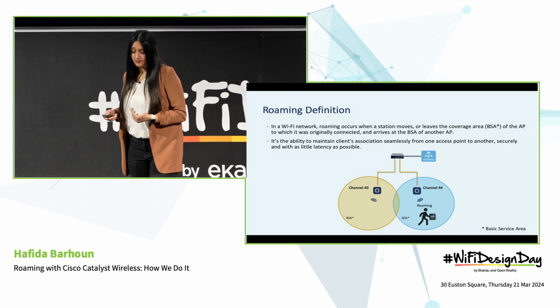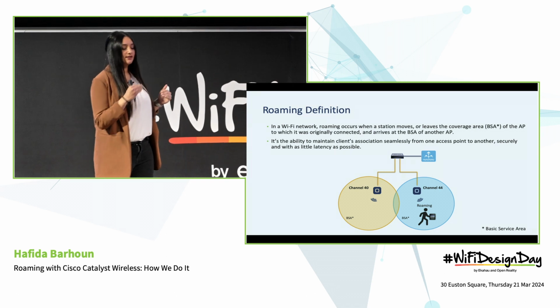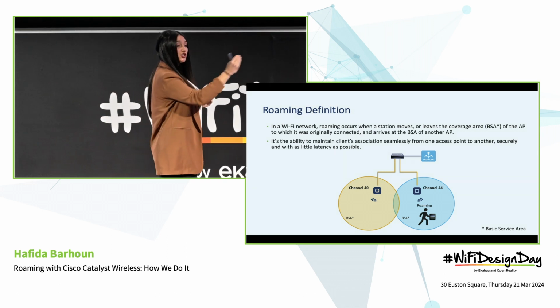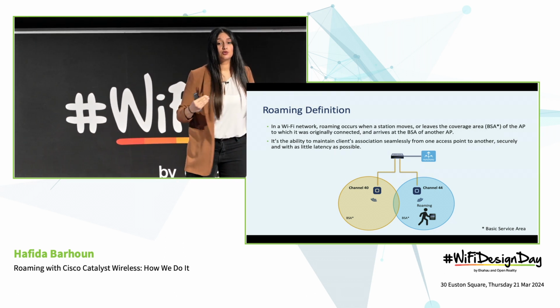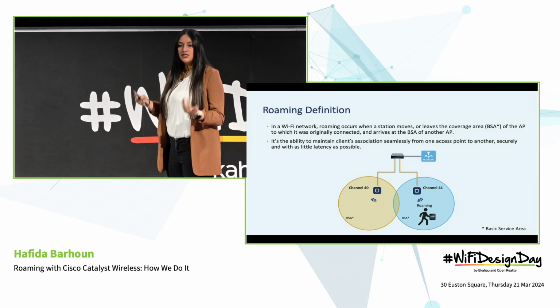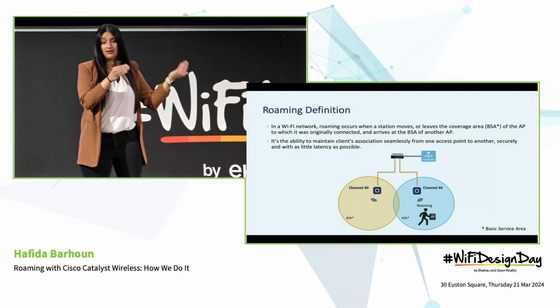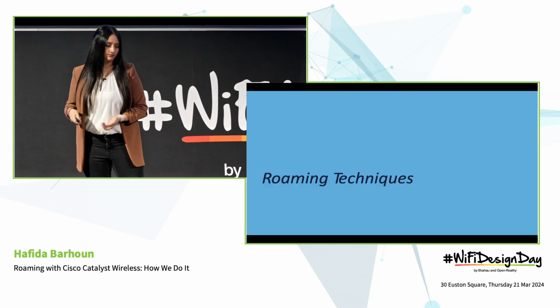So how do we do that? First of all, by making sure that my user can see and enjoy the next AP way before losing its signal, right? So to do that, the first thing that we have to do is to overlap a bit those coverage areas to be sure that my user can have time to roam.